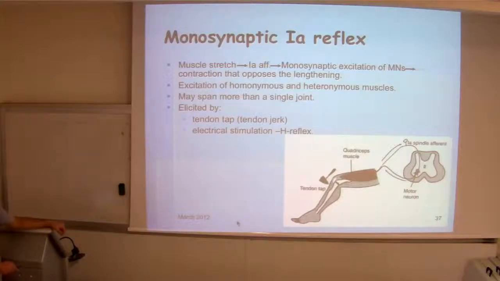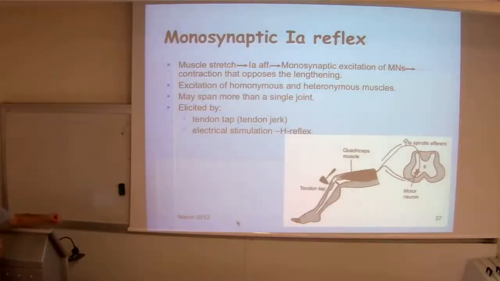Now, whether this is the whole thing is a bit far-fetched, and we'll talk about that in a second. Whether it's so simple, whether this is, for example, linear or not. One of the things that people have used this system to show is whether two synapses are summed linearly or not. Because you can split this fiber and stimulate one type of IA fibers and another type of IA fibers.